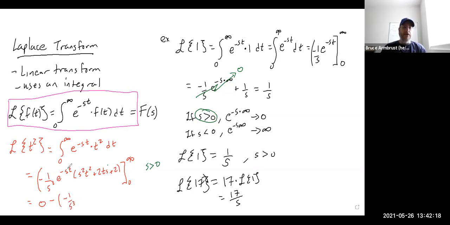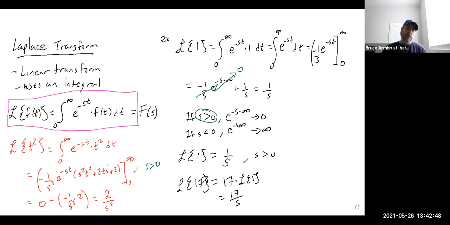This is going to be e to the 0, which is 1. Here, we're going to get 0 plus 0 plus 2. So this ends up being 2 over s cubed. So there's your Laplace transform for t squared.